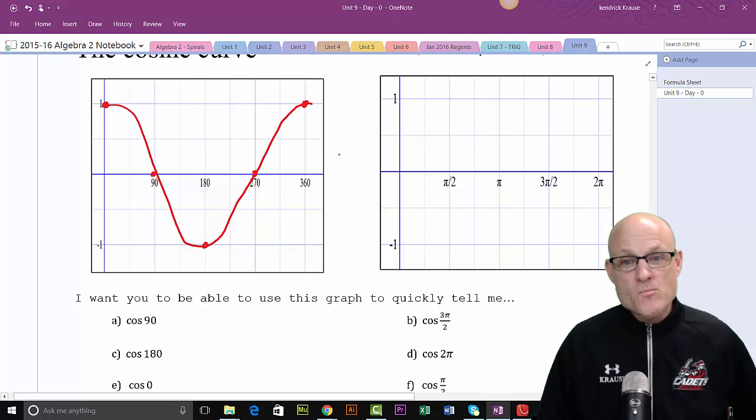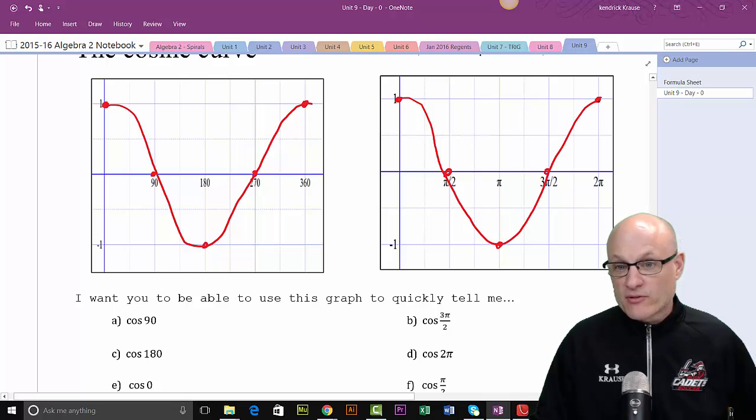It doesn't matter if you're using radians or degrees. Begin at a max, end at a max, in between is a minimum, and between those are our zeros. So it really doesn't matter if I use degrees or radians. It depends on how I set up my scale, but there it is.